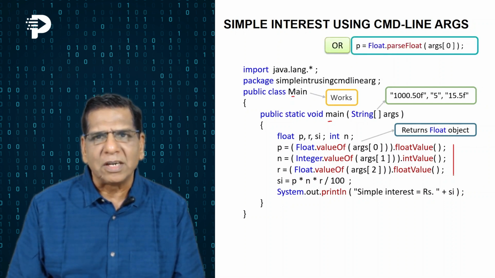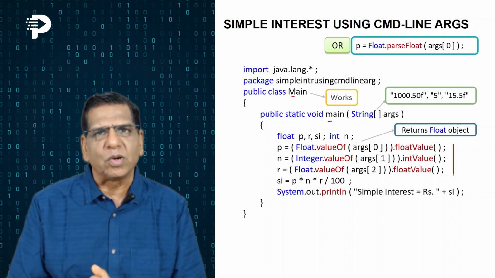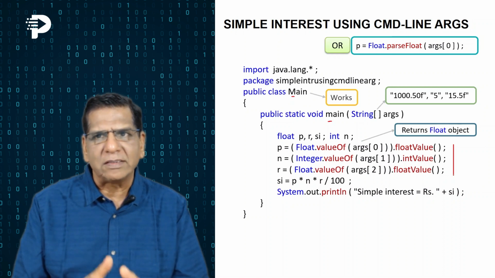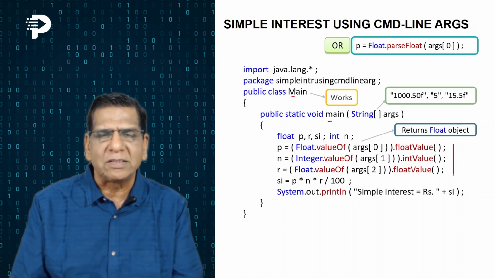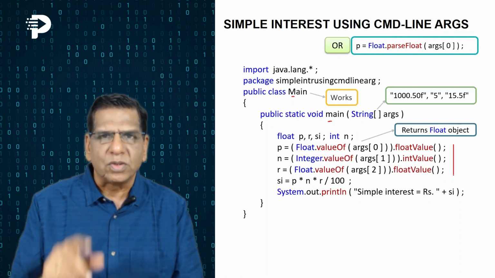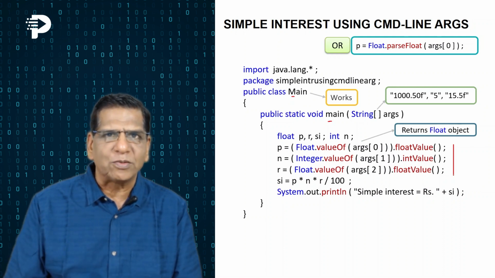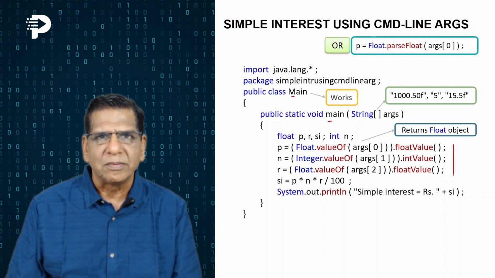That simpler method is just Float.parseFloat(args[0]). Within that Float class, there is another static method called parseFloat, to which you provide a string, and it returns you the float value from that string. We can collect that in p. So the way we can say Float.parseFloat, naturally we will also be able to say Integer.parseInt.